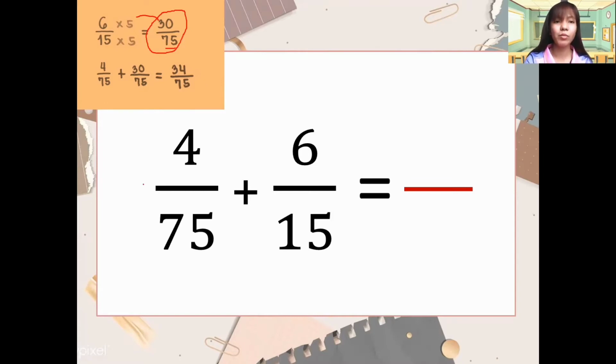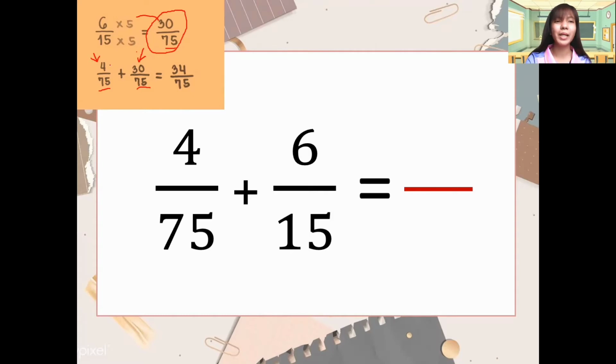So 4/75, which is this one here. Okay, 4/75 here. All right, and then instead of 6/15, you write 30/75. Okay, now we have the same denominators, right? Okay, so now we can add.